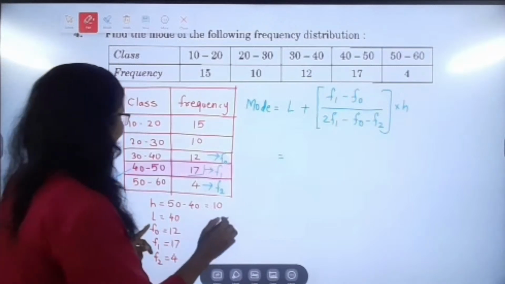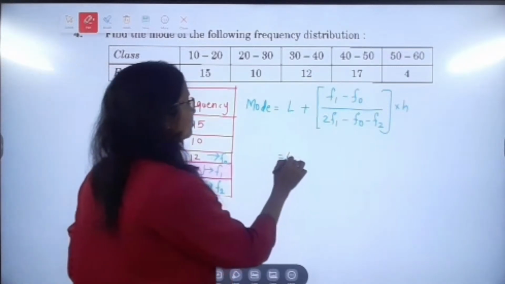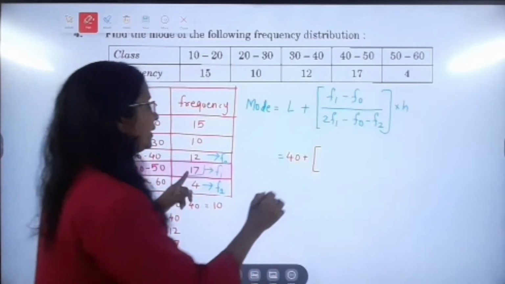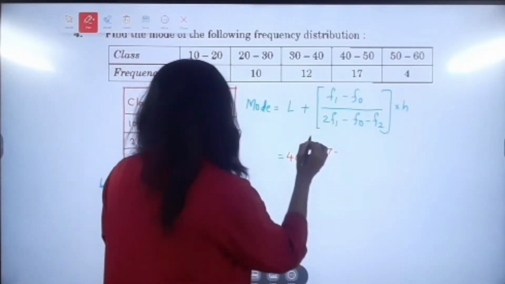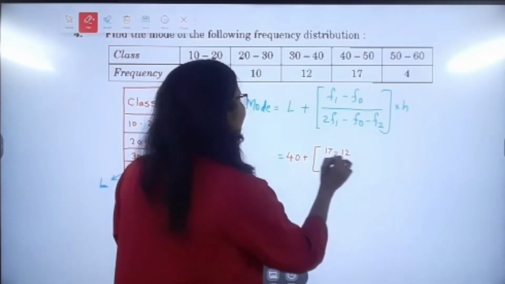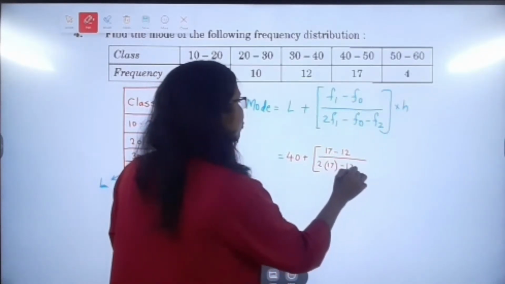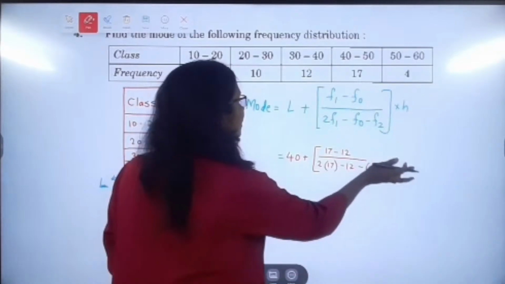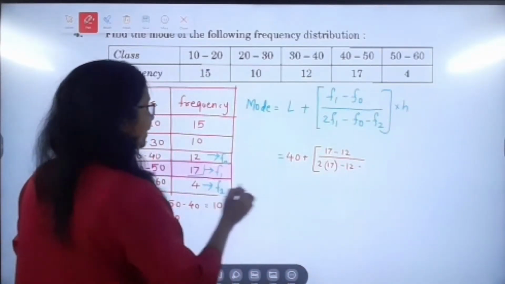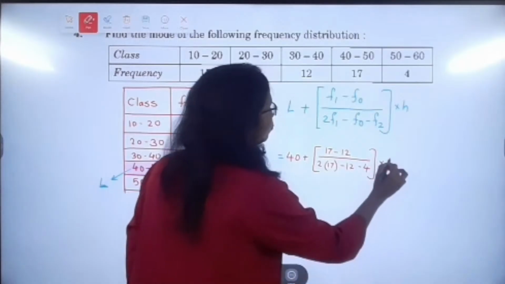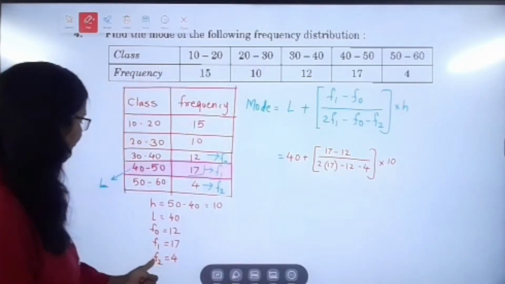So here, students, L, that is 40, plus (17 minus 12) divided by (2 multiplied by 17 minus 12 minus 4), and multiply by 10.